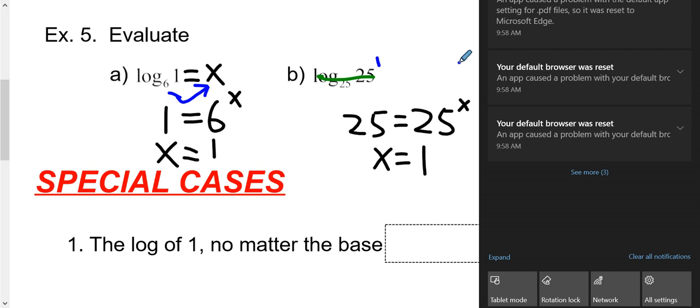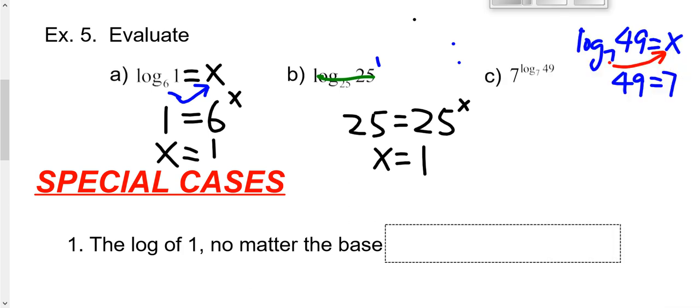So 7 to the power of x. Okay, I hope you can see that 7 squared gives you 49, so that means 7 squared equals 7 to the power of x, so x must be 2.